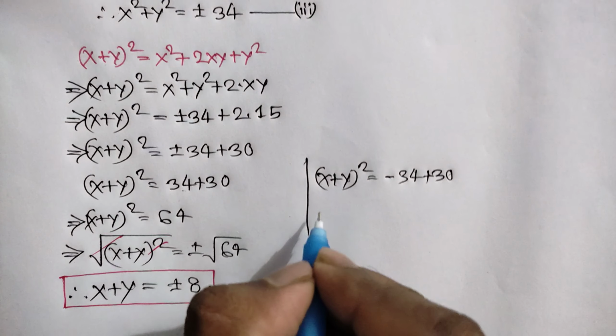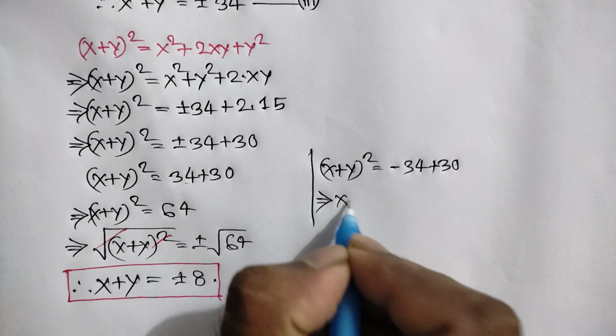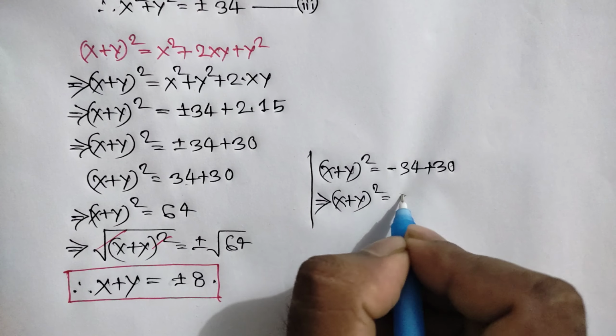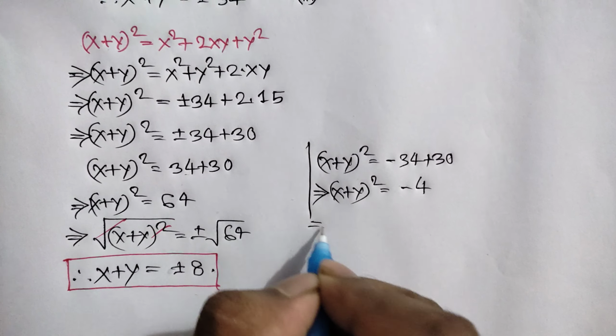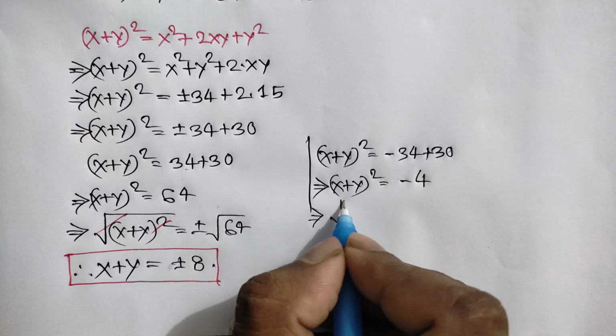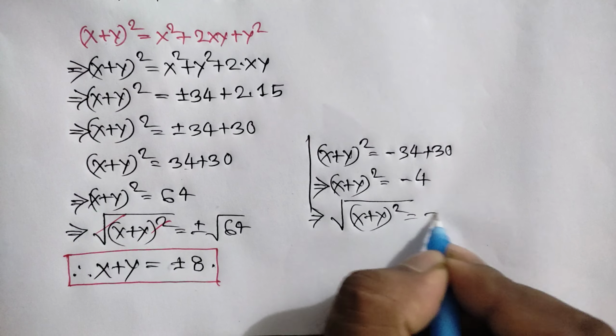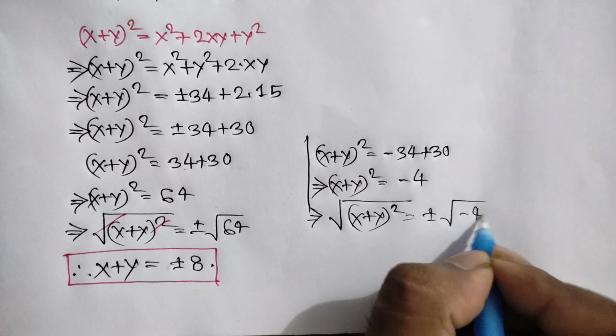Then from here we have x plus y whole square is equal to minus 34 plus 30 is minus 4, or taking square root on both sides, we can write square root of x plus y whole square is equal to plus or minus square root of negative 4.